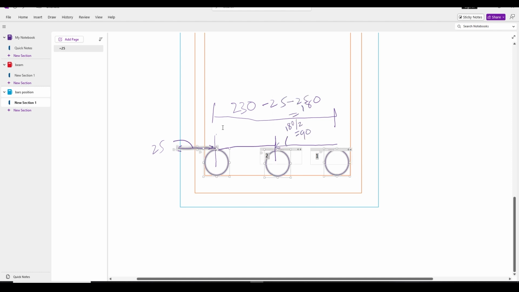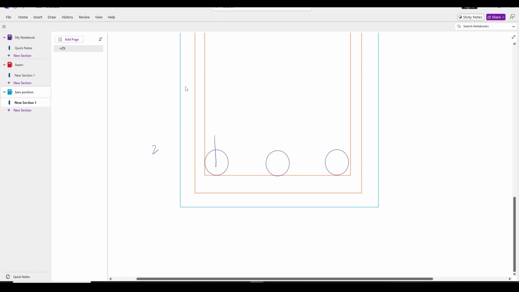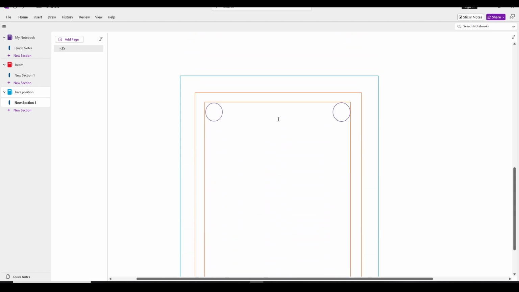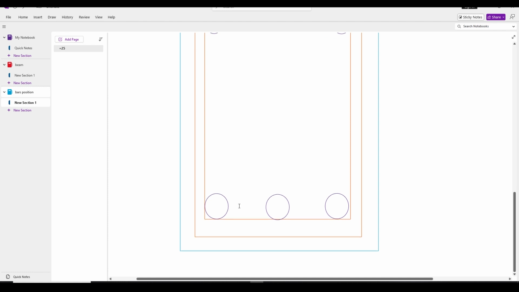We don't need this number, we have already calculated it. Let me delete all this. For the top bar we need to first find the distance of the stirrup. We know this is 25, and let me change the color.